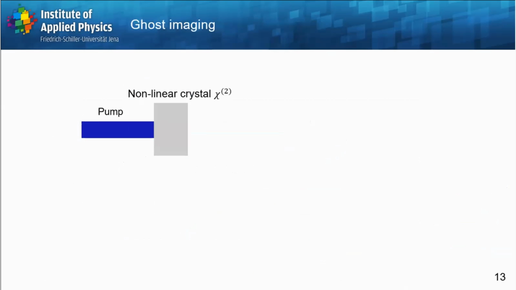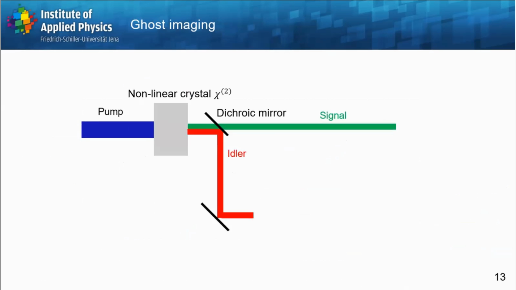And let me go on to the second setup, which is called ghost imaging. Also a very fancy name for these schemes. But for ghost imaging, we just need one crystal. So we have, again, this nonlinear crystal with a chi2 component, and this is going to be pumped with some photons. And as you know now, you can get from this a signal and idler photon that you can just split.